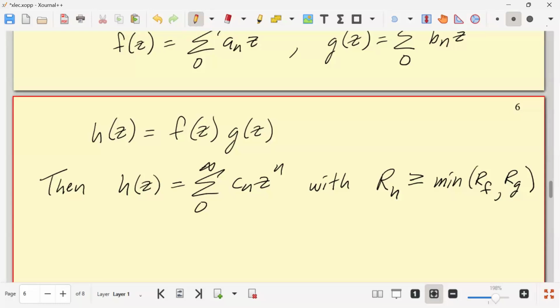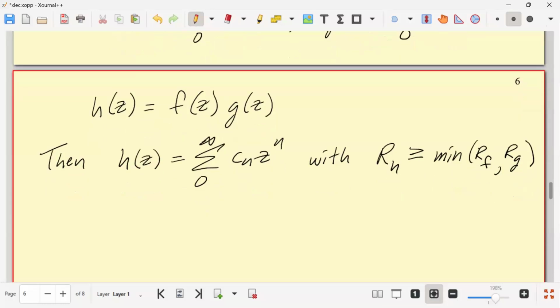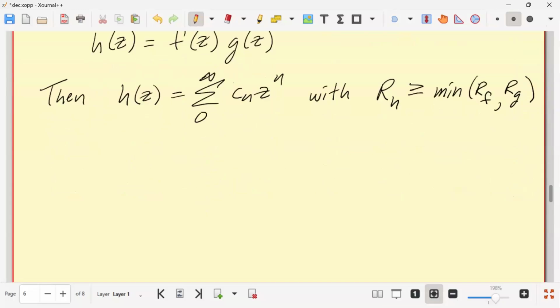We know that because power series converge to analytic functions. So inside that circle, f and g are both analytic, and so h would have to be analytic inside that circle, and its radius of convergence is therefore bigger than or equal to that radius. Okay, that's the easy part of the fact.